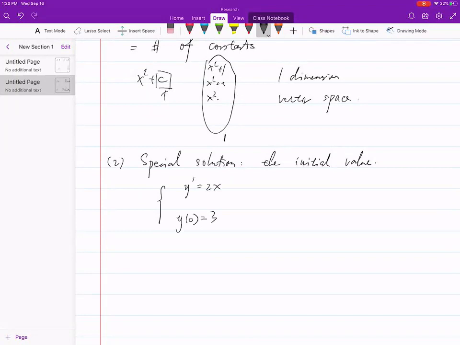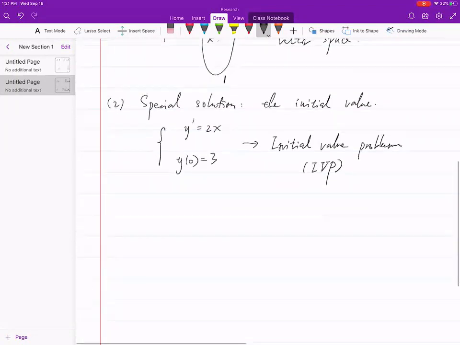We call this an initial value problem, which is not just a differential equation, but also initial values. We usually call it IVP from now on, initial value problem.